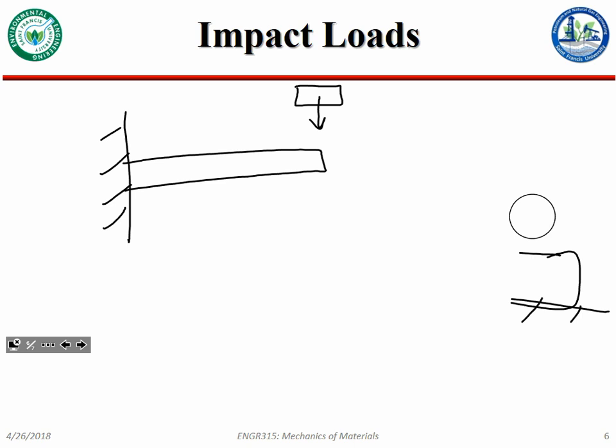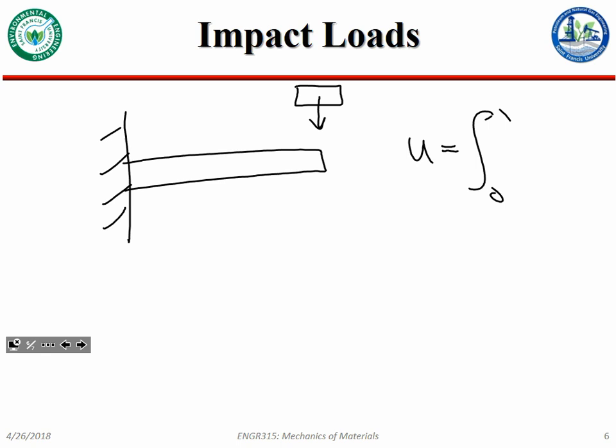we just have some cantilever beam, because that's a pretty straightforward problem. We have some cantilever beam. We have our expression for strain energy density, which was something like that, right?